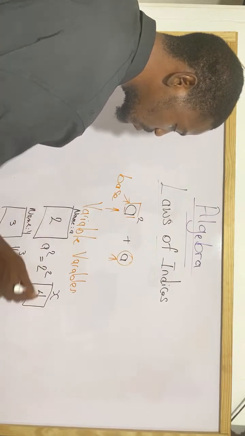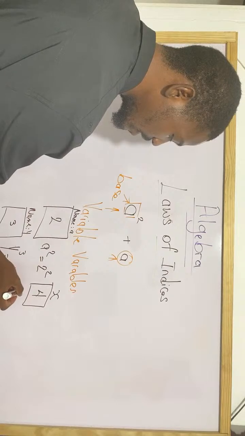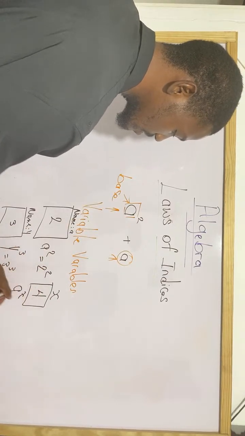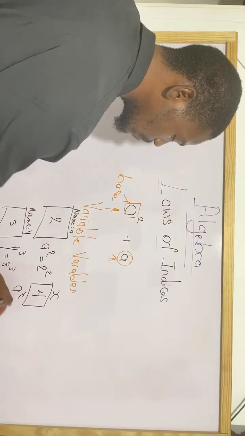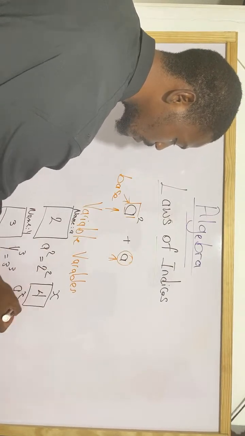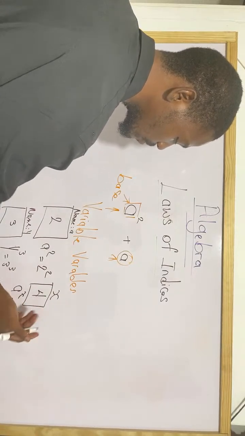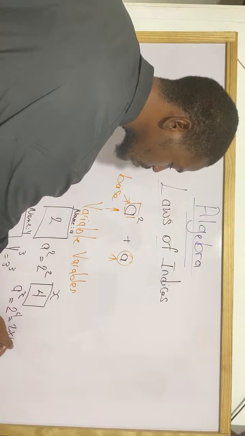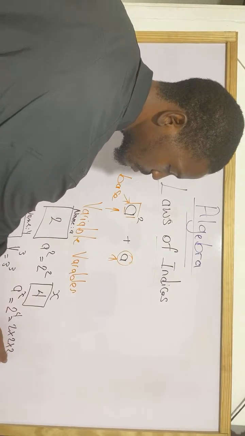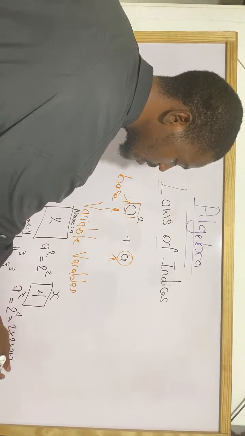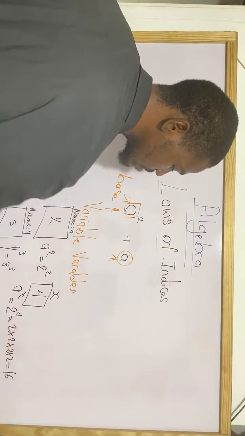Now a is 2. If I have a here, which we know is 2, and I say a to the power of x, all I'm saying is 2 to the power of 4. And what does that give me? 2 to the power of 4 means 2 times 2 times 2 times 2. 2 times 2 is 4, 4 times 2 is 8, 8 times 2 gives me 16.